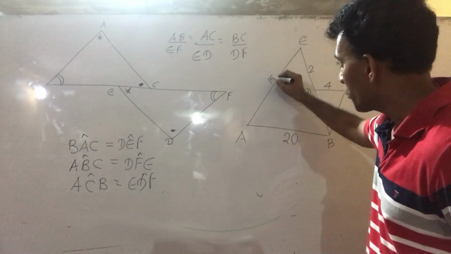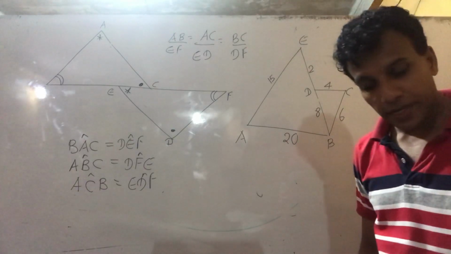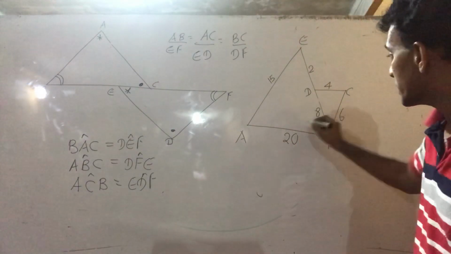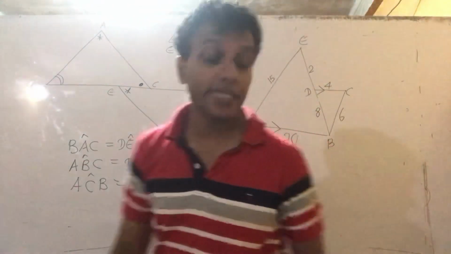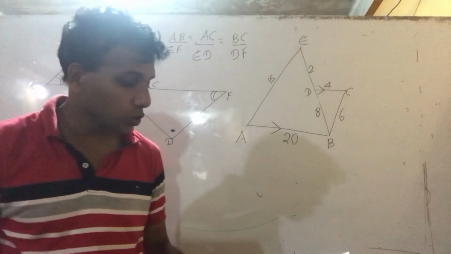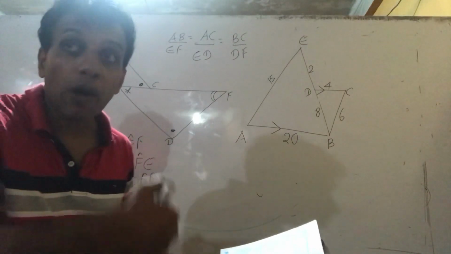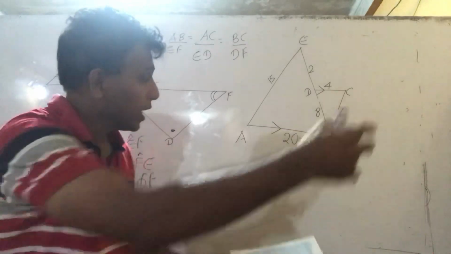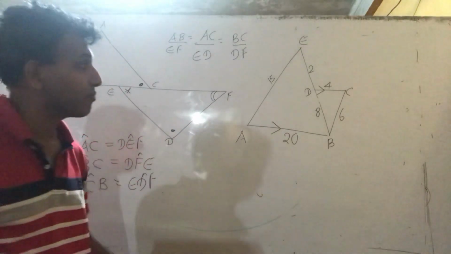All the values are provided of line segments and sides of triangle. Also they said AB parallel to DC, that's important. Also CD produced to meet AE at F. You have to mark it.